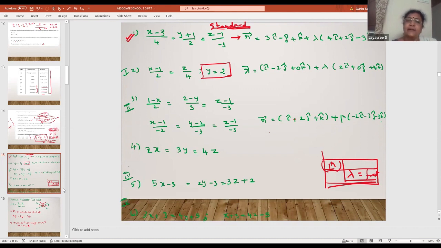Then I go for the pattern where I don't have the direction ratio, that is, the direction ratio is 0. So y equal to 2. Y equal to 2 means in the standard form, x minus 1 by 2, y minus 2 by 0, z by 4. Then children ask me, madam, we don't write 0 in the denominator.